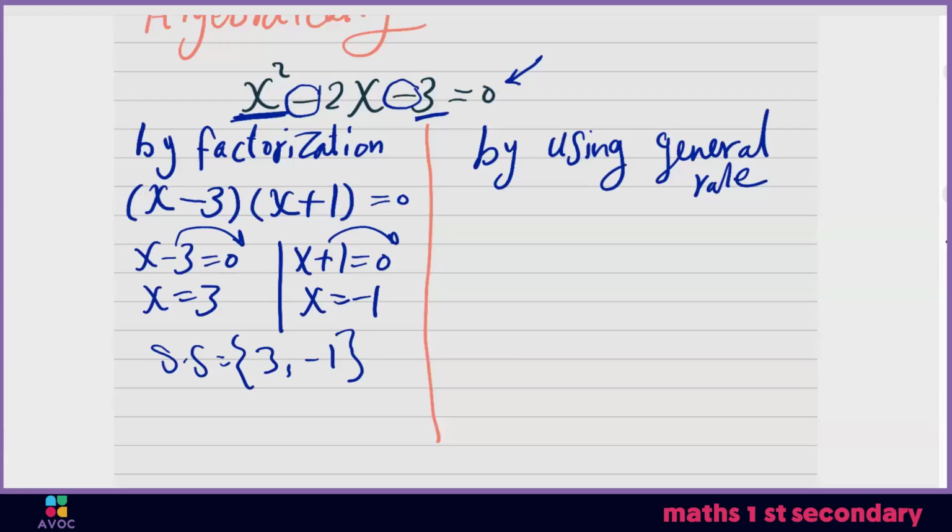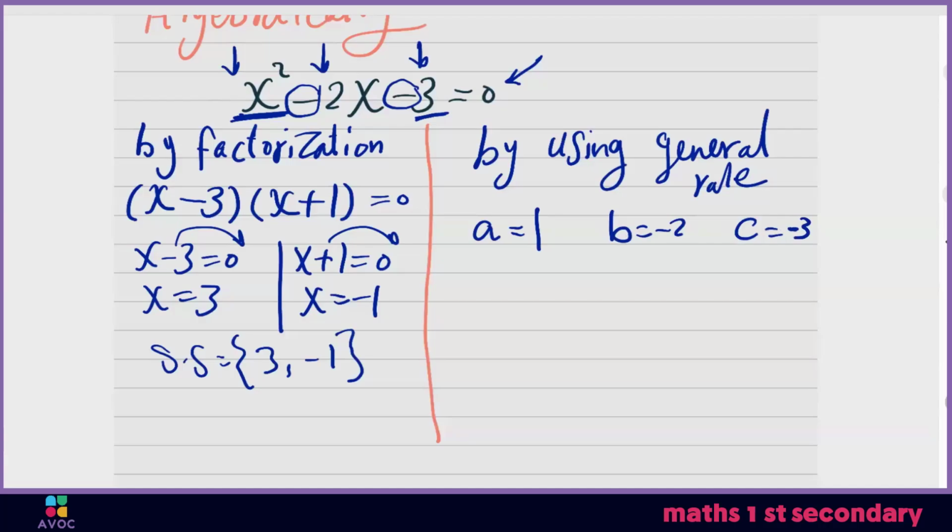By using the general rule, before we start to use the general rule, you must determine the values of a, b, and c. The value of a, what's a? a is the coefficient of x power 2, which is 1 here. b is the coefficient of x, which is negative 2. c is the absolute term, which is negative 3.